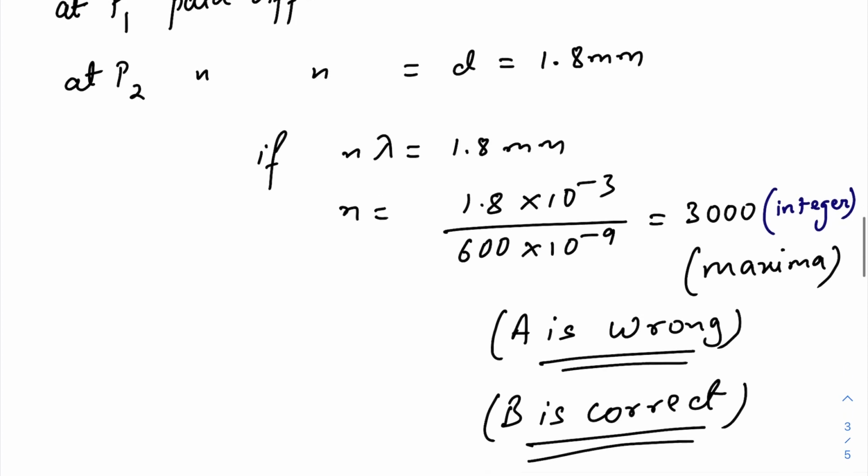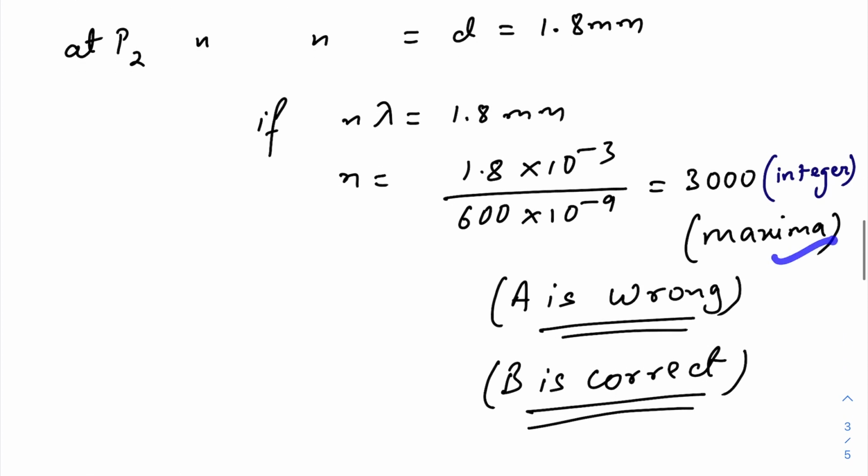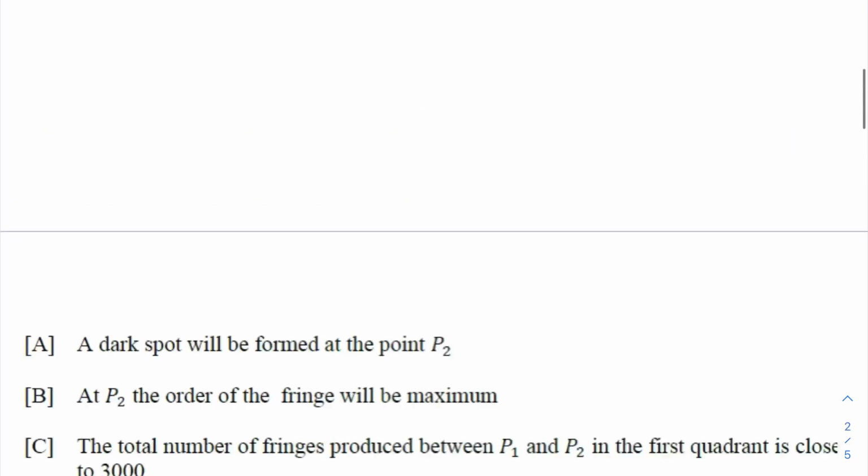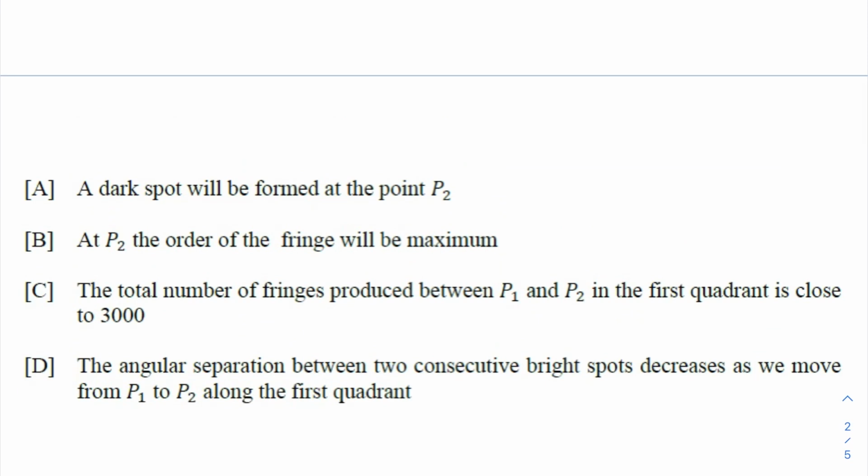So it should give you a maxima, that means a bright spot. Hence option A is wrong, but at P2 we'll get a maxima, so B is correct. So here we need to put the correct option as B.